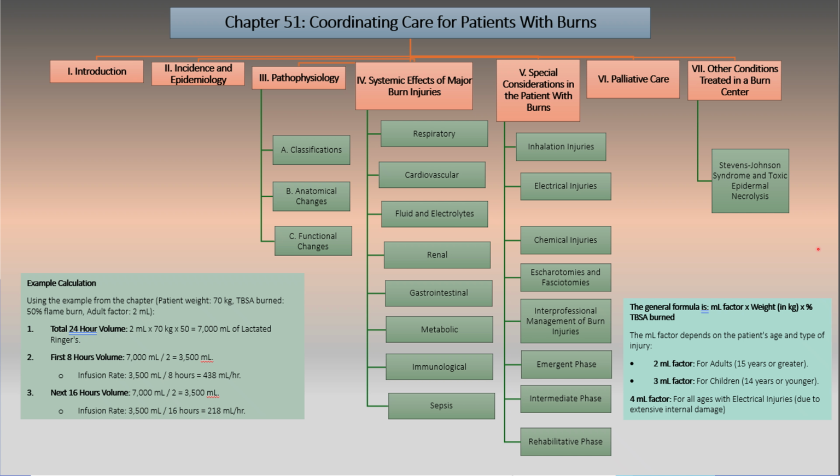Nursing care focuses on preventing infection. Surgical intervention such as grafting may be required.